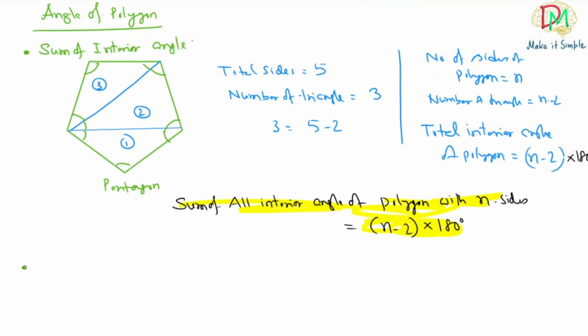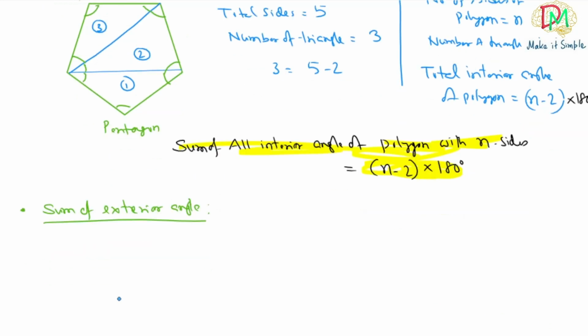Now we find out the formula of the sum of exterior angles. Let's consider a polygon.